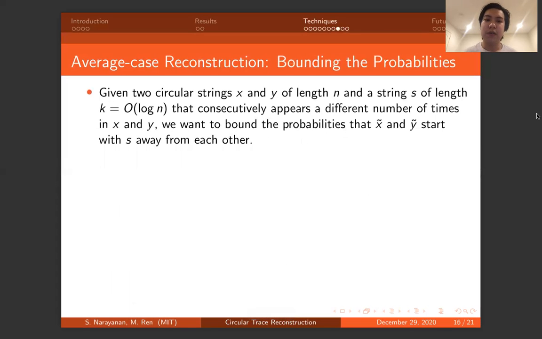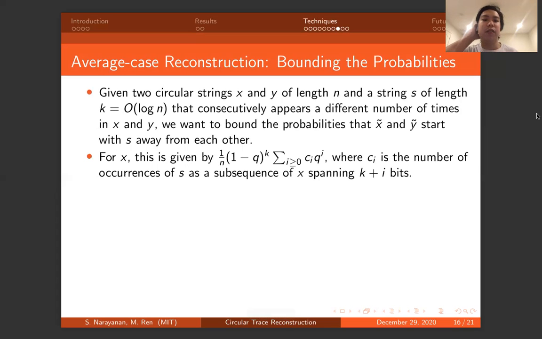So now we just want to bound the probabilities that traces of x and y start with s away from each other. And the way we can do this is by an explicit expression for the probability. So we have this combinatorial sum over all subsequences of the string that, when concatenated together, form s.